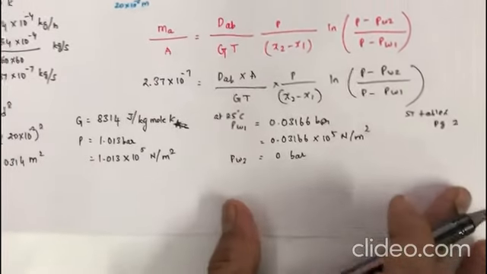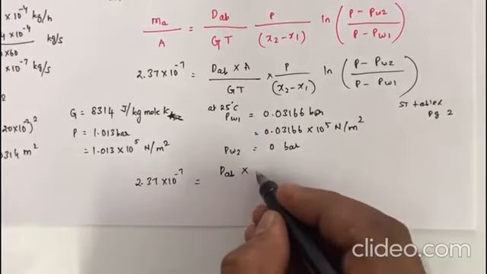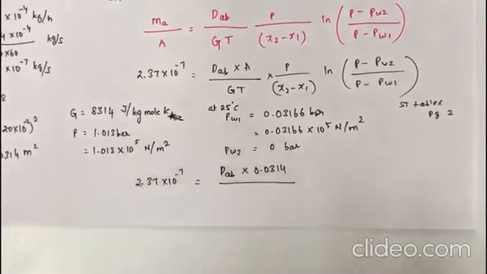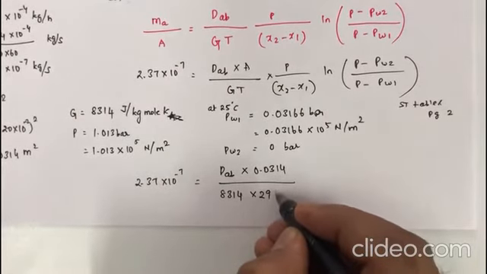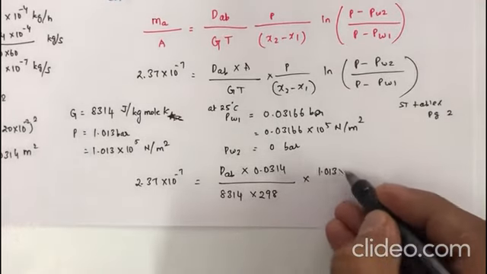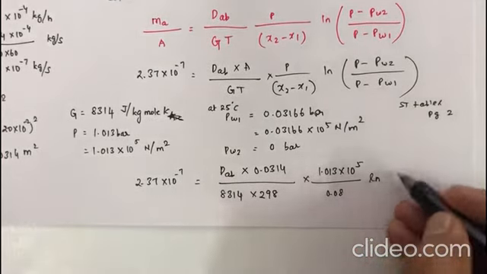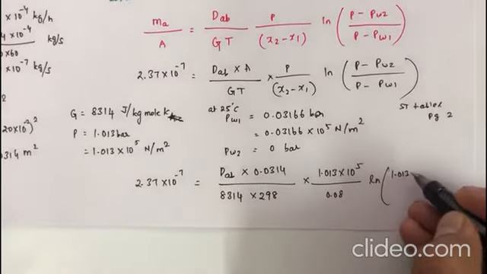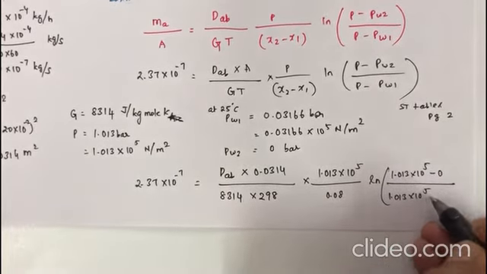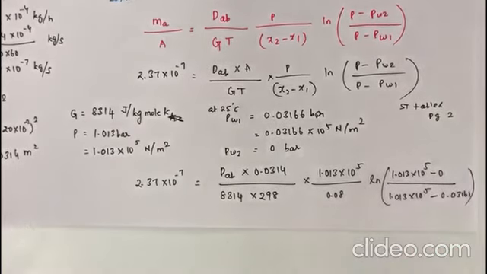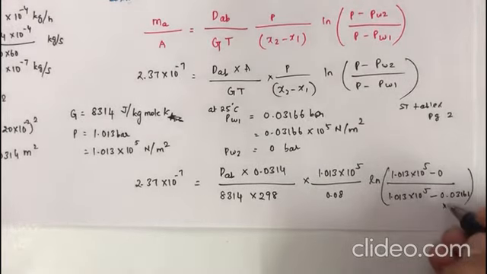So now let's do the substitution. 2.37 into 10 power minus 7 is equal to DAB into area 0.0314 divided by 8314 into 298, multiplied by 1.013 into 10 power 5 divided by 0.08, into natural logarithm of 1.013 into 10 power 5 minus 0 divided by 1.013 into 10 power 5 minus 0.03166 into 10 power 5.